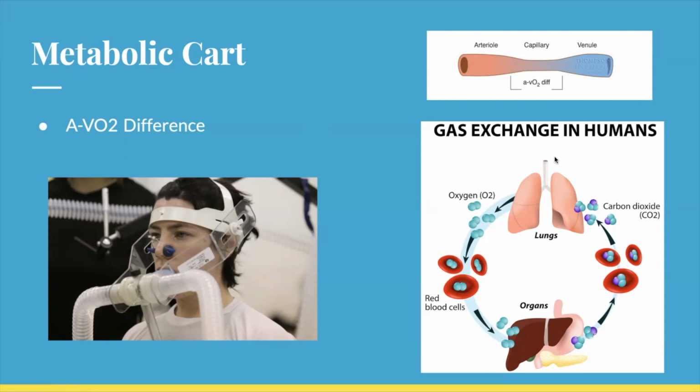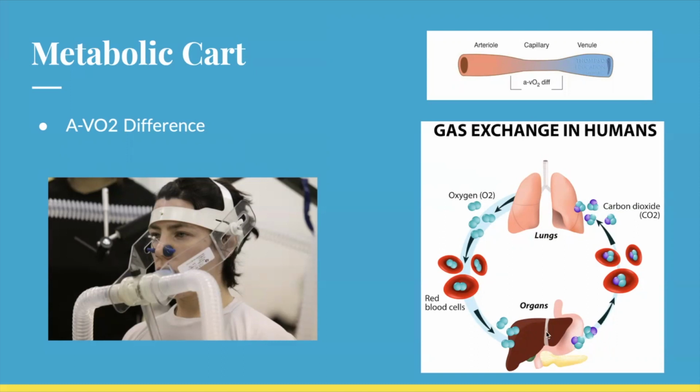So when we inhale air, we know it goes into the lungs, and then that oxygen that's in the lungs is diffused into the bloodstream. That oxygen is carried by red blood cells through the blood and then delivered all over the body to organ systems, to muscles, to the brain, and the oxygen diffuses through the capillaries at all these different sites to be used for energy.